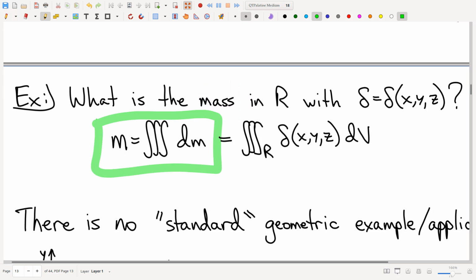It says I'm taking my solid, I'm chopping it up, and dicing it up into little teeny tiny sub boxes, each of which has a little bitty mass, all of which I'm going to add up. And then on any little piece, as we've previously discussed, the amount of mass in a little piece is mass per unit volume times volume. How are we doing? Is everybody on board?